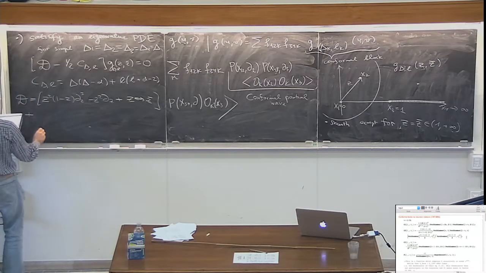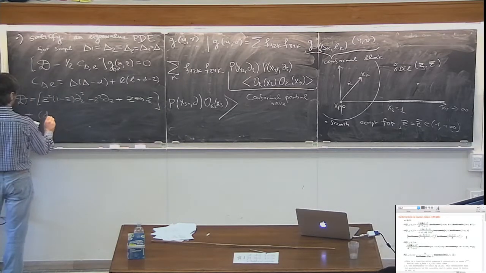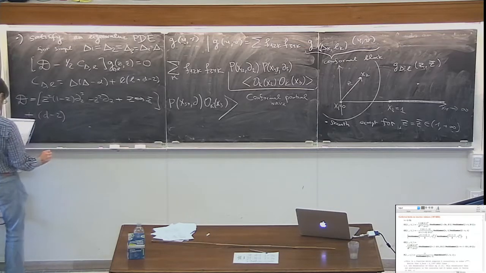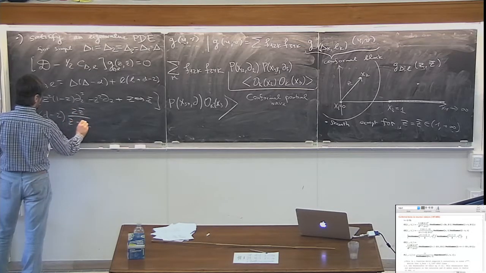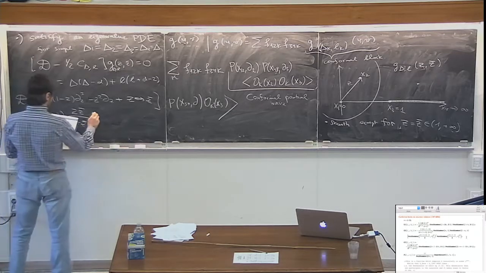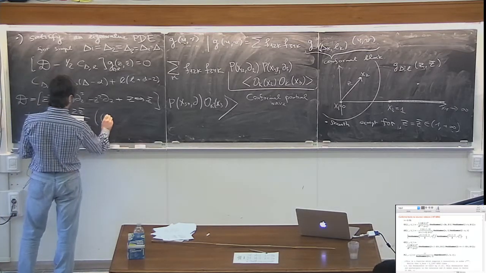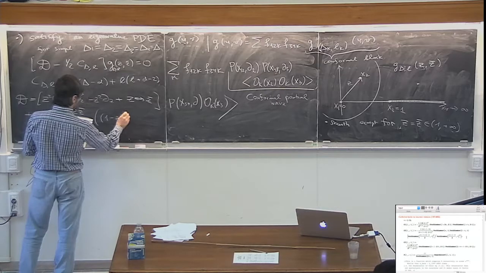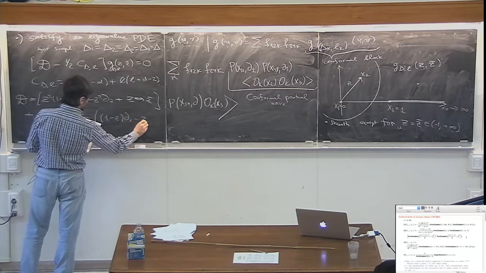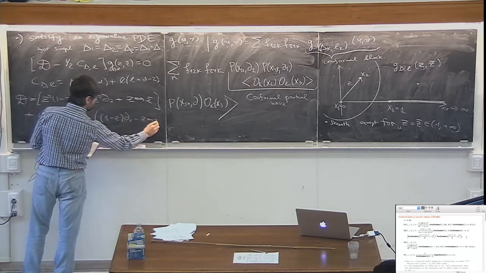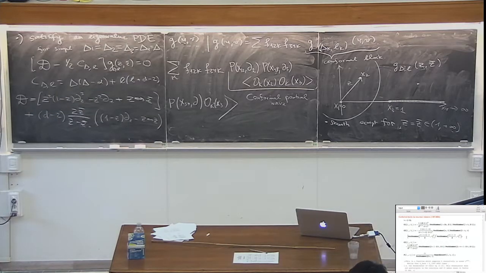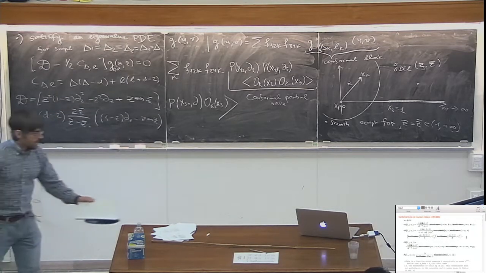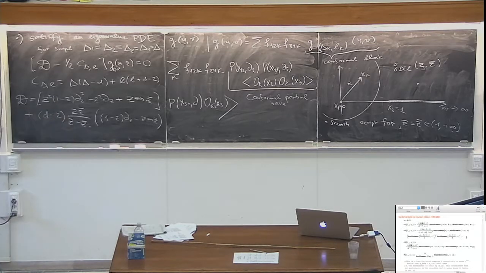And then there's a piece proportional to d minus 2, which makes things complicated: z z bar divided by z minus z bar, times (1 minus z) ∂_z minus z going to z bar. So there are these two terms.